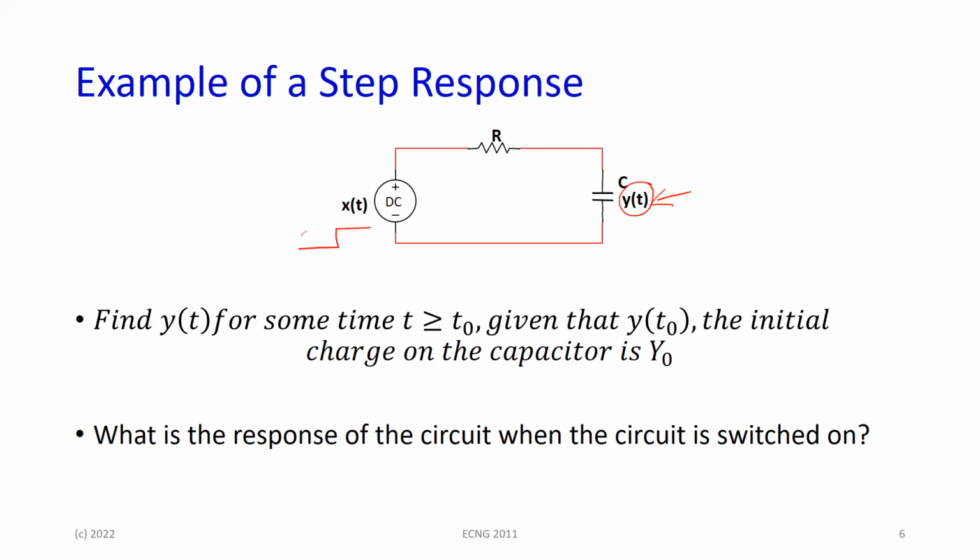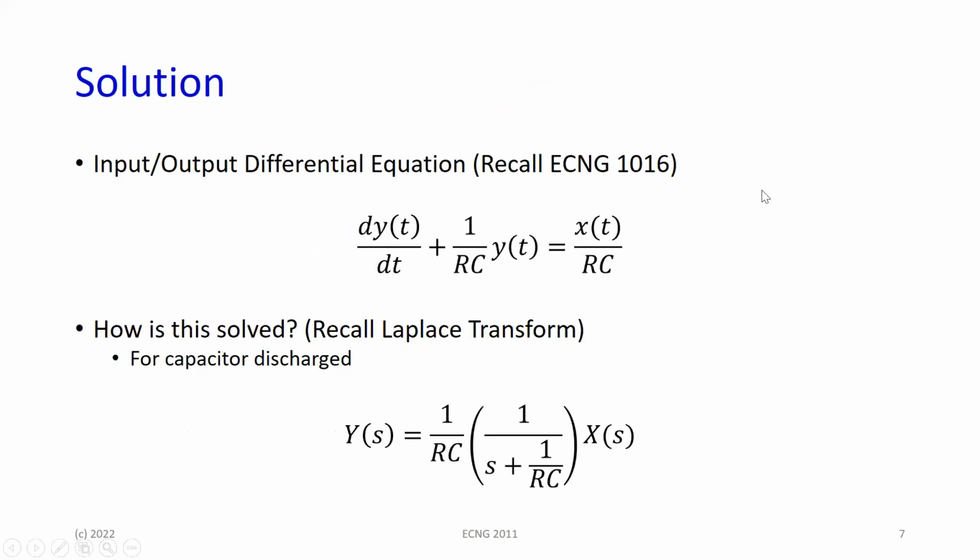And if you remember, again, this is more revision and so on. You remember that the input-output equation for a simple RC circuit is a differential equation, because there's a rate of change. The voltage across the capacitor depends on, sorry, the current through the capacitor depends on the rate of change of voltage and so on.